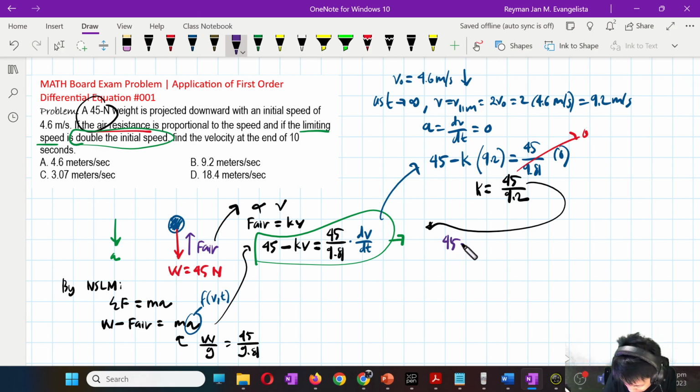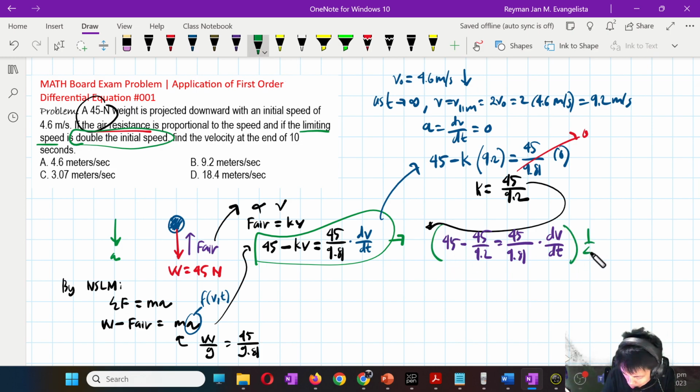45 minus 45 over 9.2 v equals 45 over 9.81 times dv dt. As you can see now, we can factor out 45, or just multiply both sides by 1 over 45.